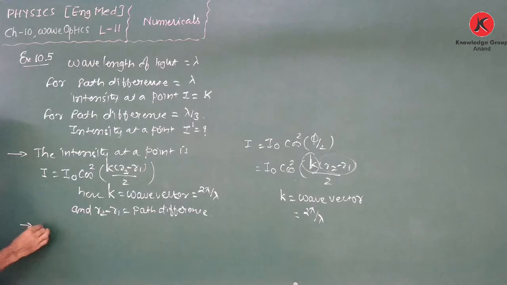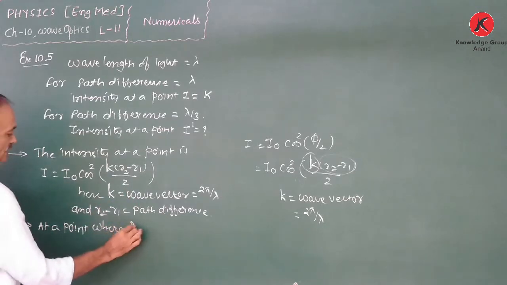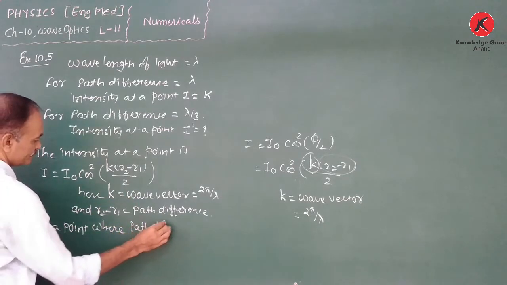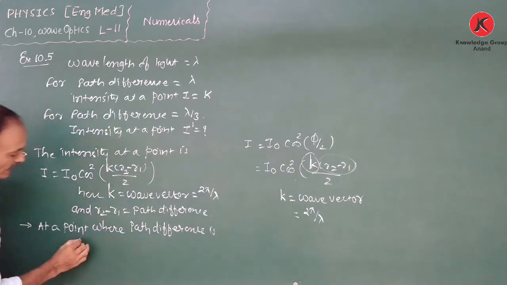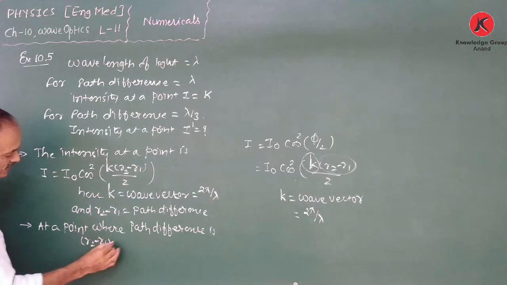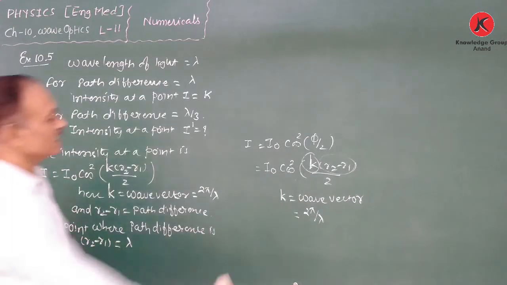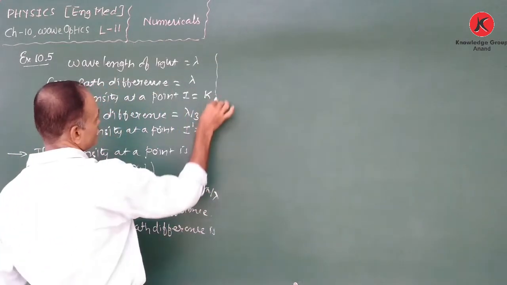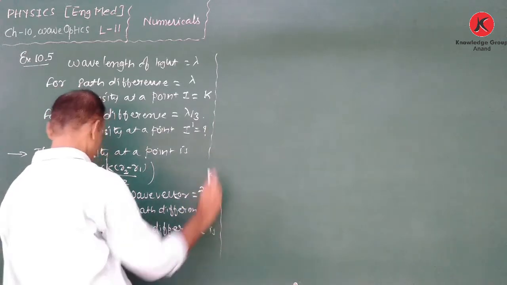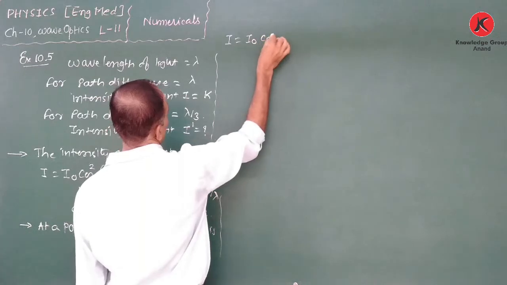Now at a point where the path difference r2 minus r1 is equal to lambda, as given, at this point what is the intensity? Therefore, I is equal to I0 cos square.